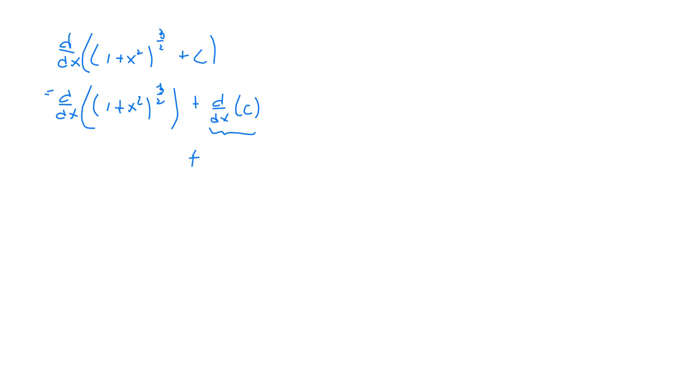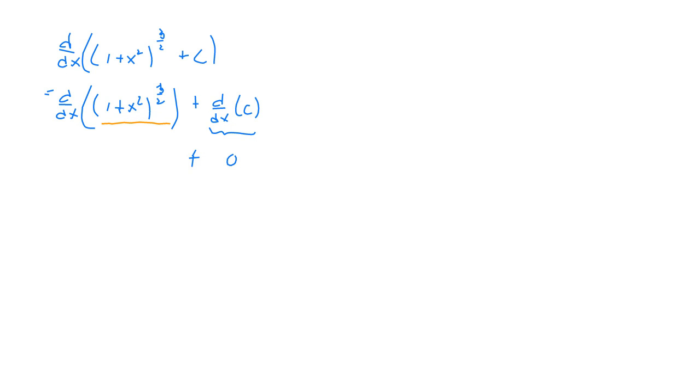0. That's right. How am I going to find the derivative of this 1 plus x squared to the 3/2 power? What rule do you have to use that you learned in calculus 1? You have 2 functions here. You have a 3/2 power function, that's your outer function, and then an inner function of 1 plus x squared.